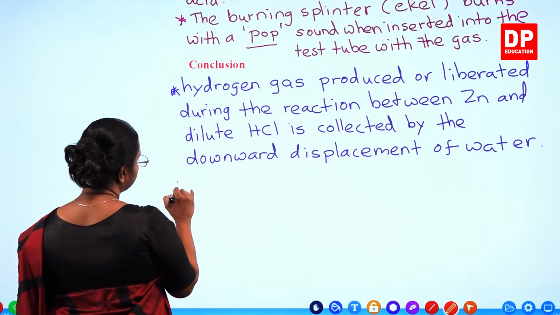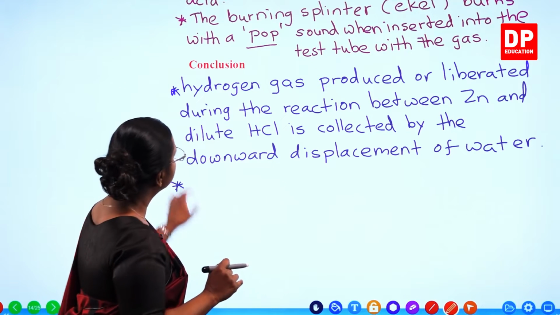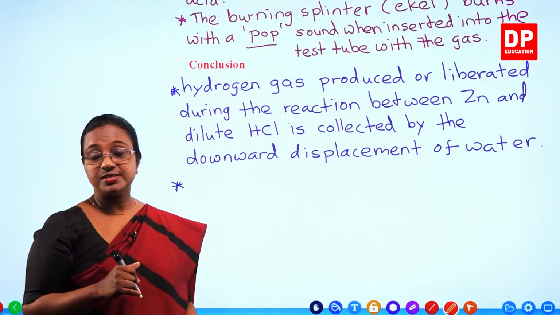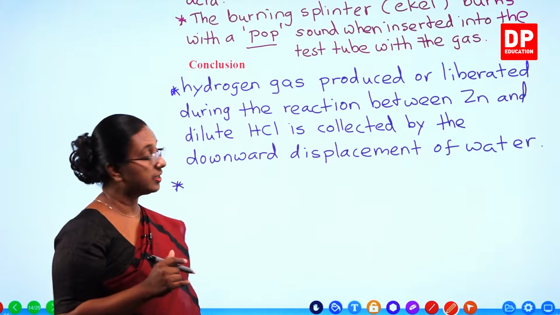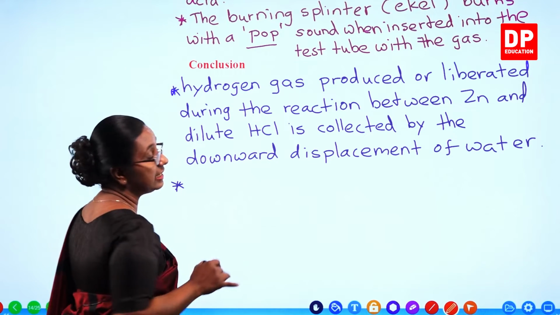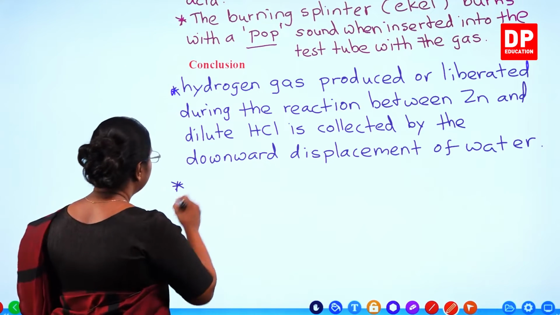That is one conclusion. You can collect it using the reaction between zinc and HCl, and also the process is downward displacement of water, and by doing the next activity we confirm that it is hydrogen gas.